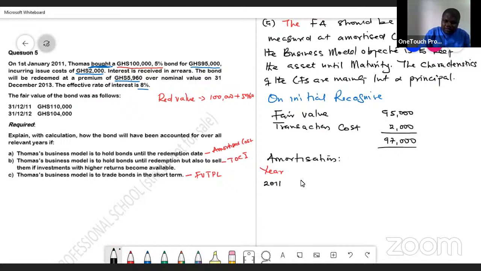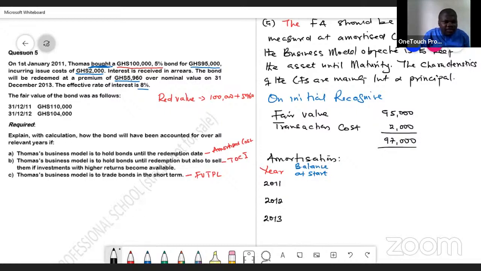So 2011, 2012, 2013. So let's see. We have balance at start.